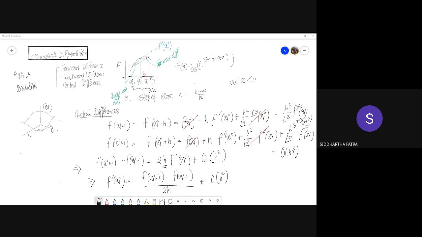For example, in forward difference, it corresponds to the f prime value at the left, and backward difference at the right one. But for central difference, it is supposed to represent the derivative in the middle of the segment, and that's why it becomes so accurate.